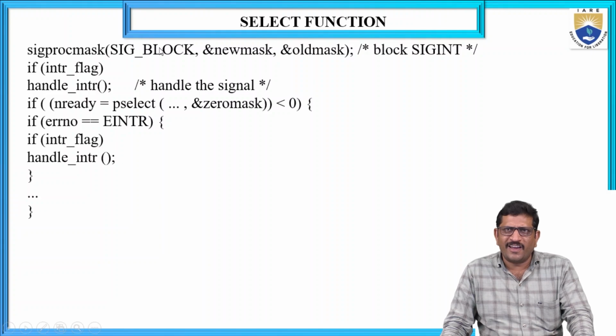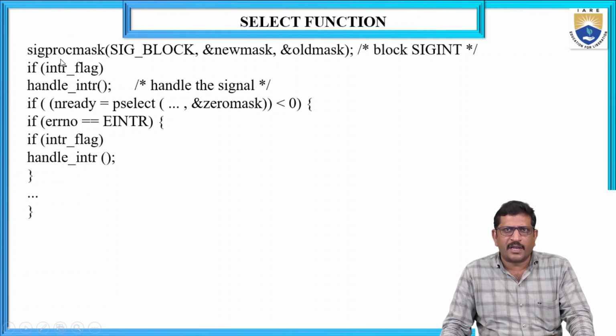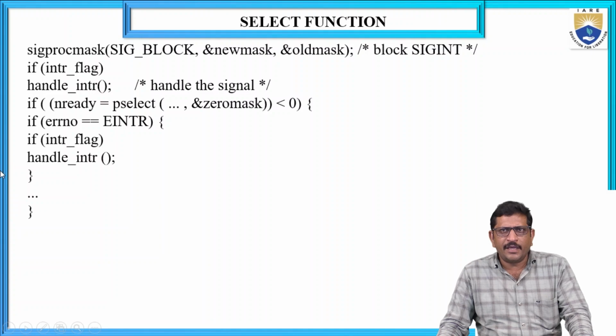If an interruption arises, the signal will be blocked between the primary device and secondary device. So this blocks the signal interaction generally. If the interrupt flag is set, the interruption is handled.